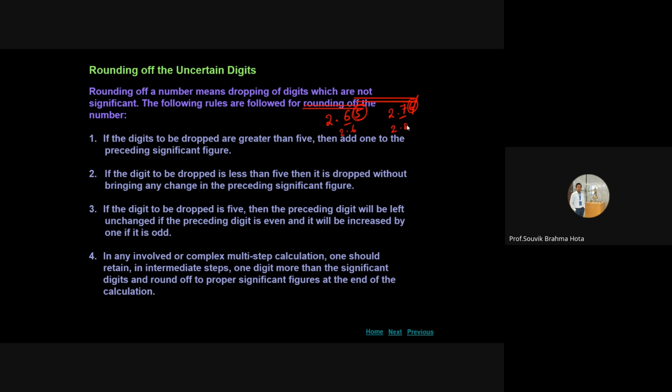Then if you have 2.44 and want one decimal place, the 4 has to be dropped, but 4 is less than 5, so it should be unchanged: 2.4. This is how you should do it.